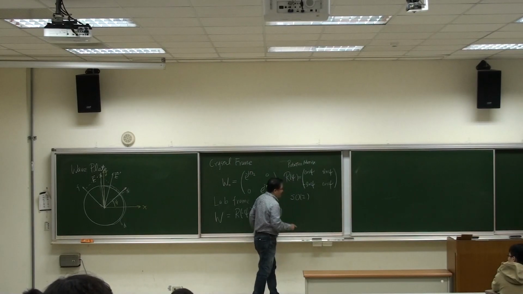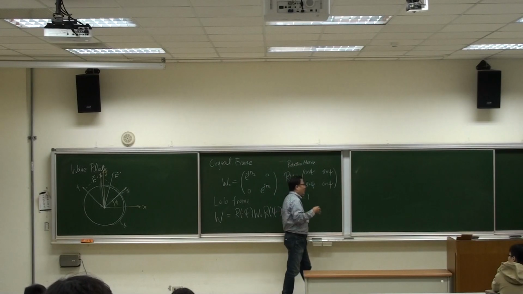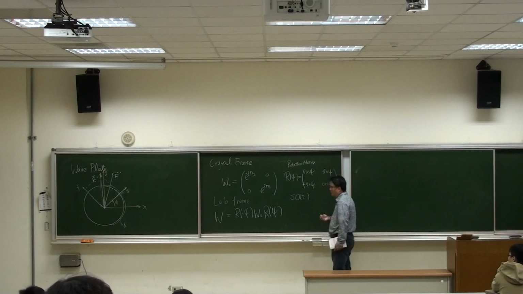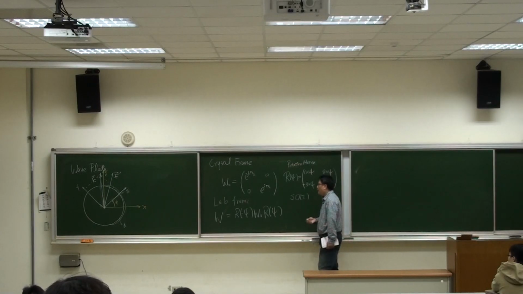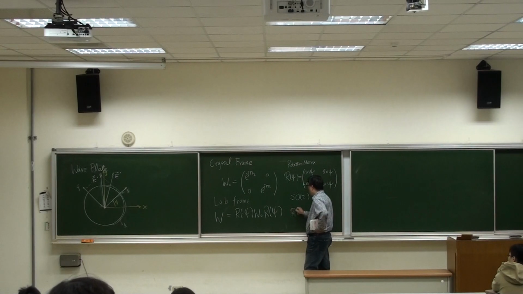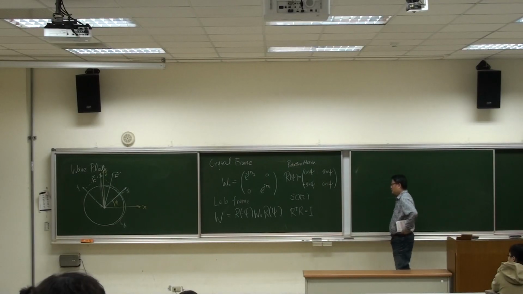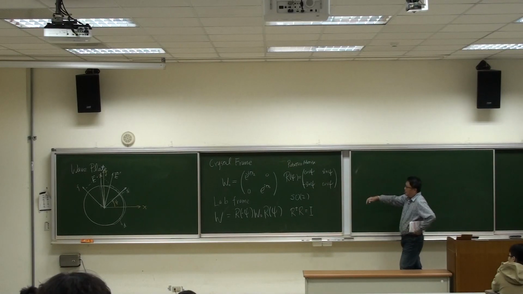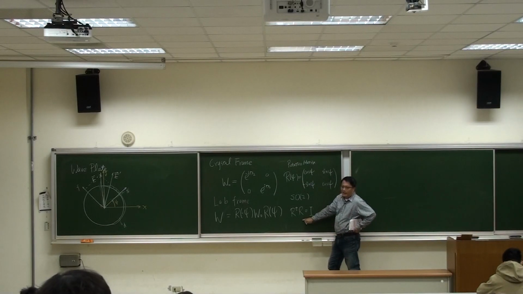Special means the determinant is equal to 1. O means orthogonal. Orthogonal means R transpose times R is equal to the unit matrix. Okay, you can check that the transpose of R is the inverse of R.